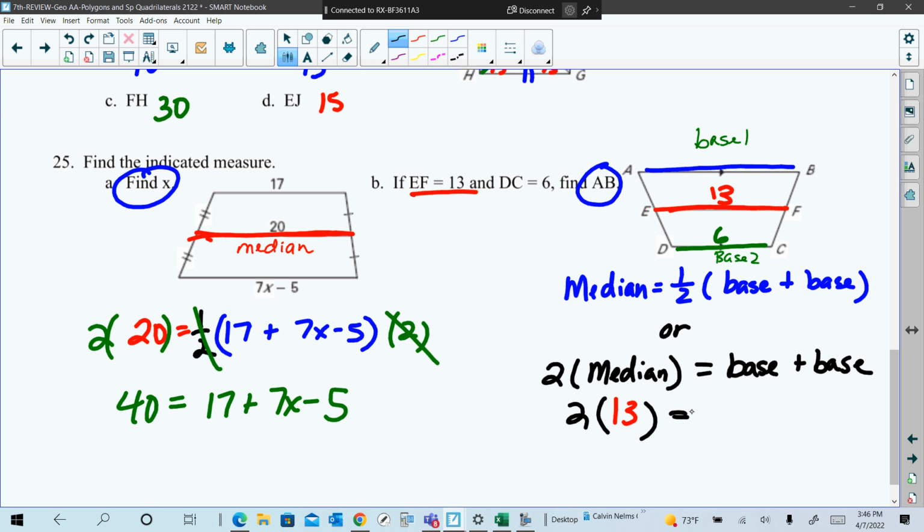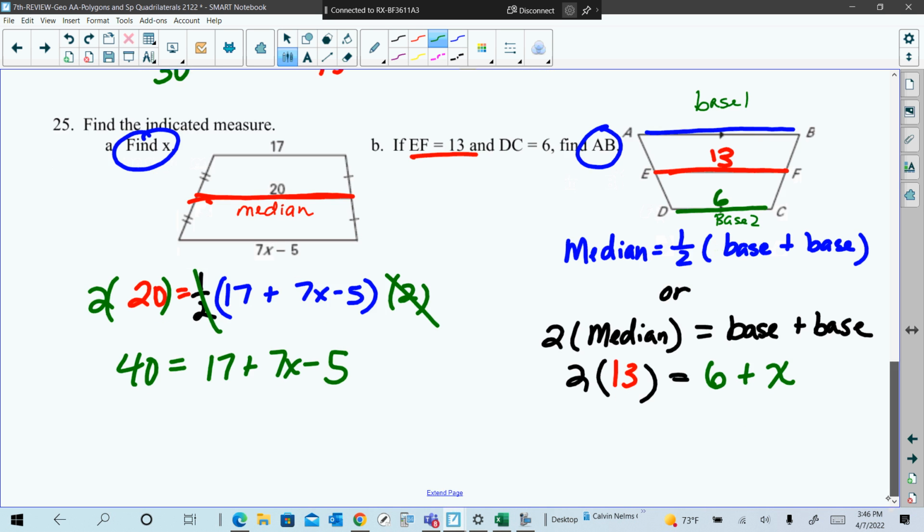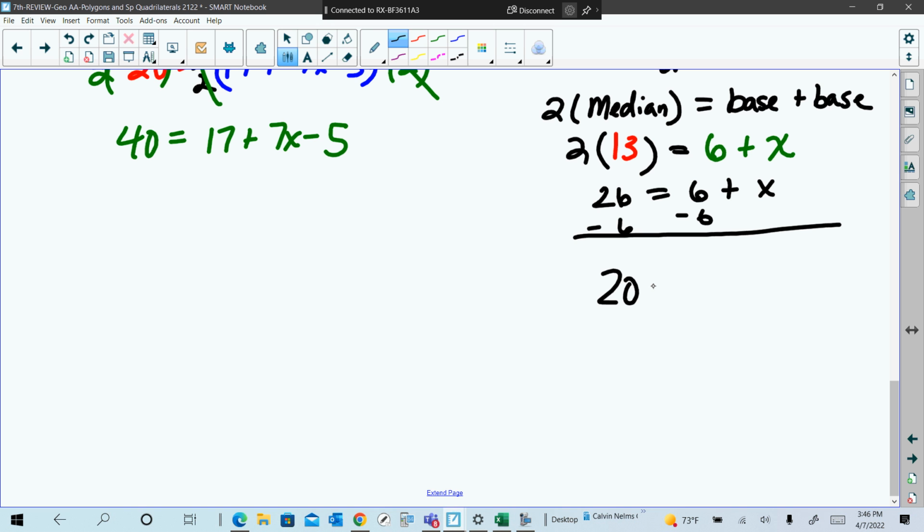It's going to equal one of the bases, which is 6, plus the other base, which I don't have. So I'm going to put an X there. So really what I would have, if I double the 13, that's going to give me 26 equals 6 plus X. Well, if I subtract 6 on both sides, that lets me know 20 is our missing base X.